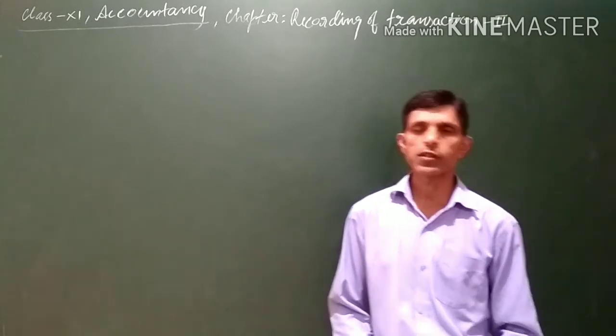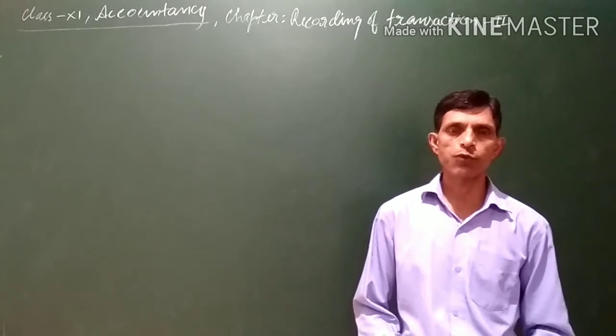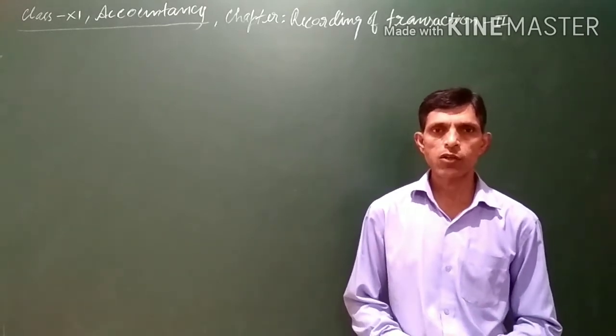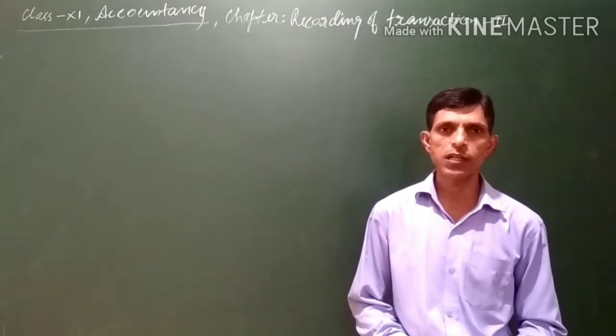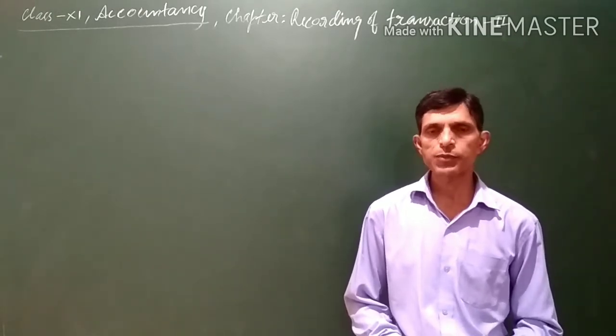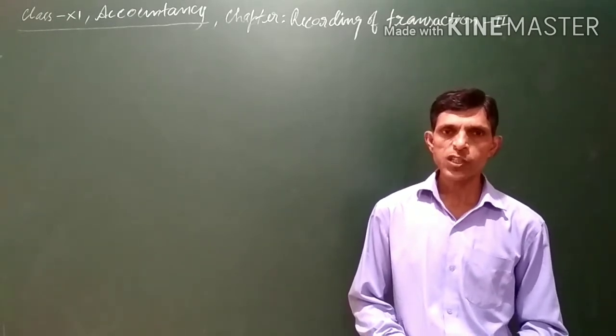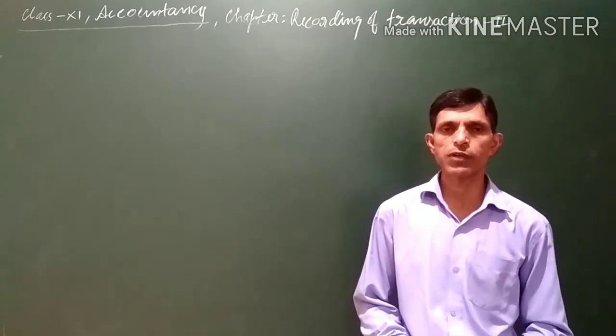But truly speaking, the journal which we discussed in the previous video was actually related to small business, where all the transactions are recorded in one journal and thereafter transferred to the ledger. But businesses are not always small, especially nowadays the businesses are very large.